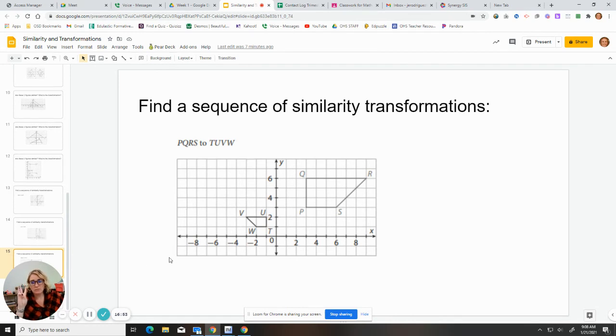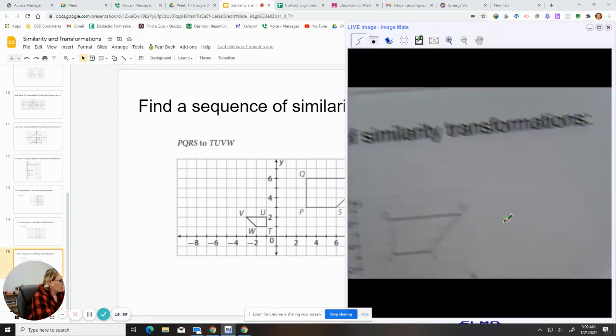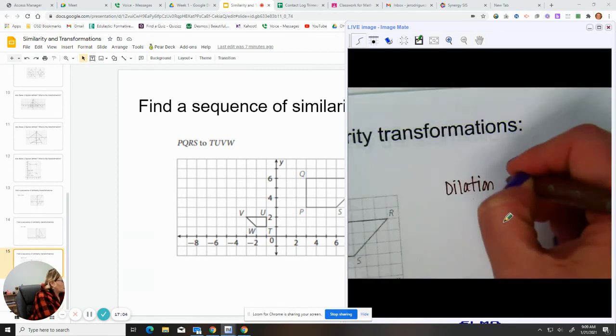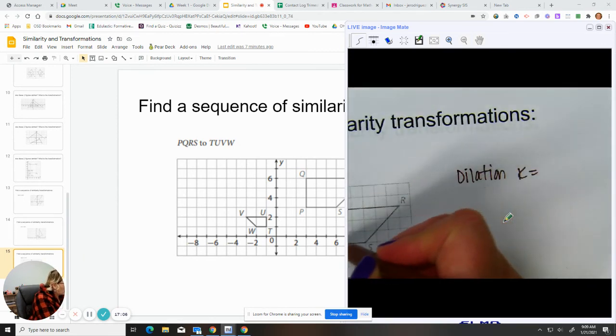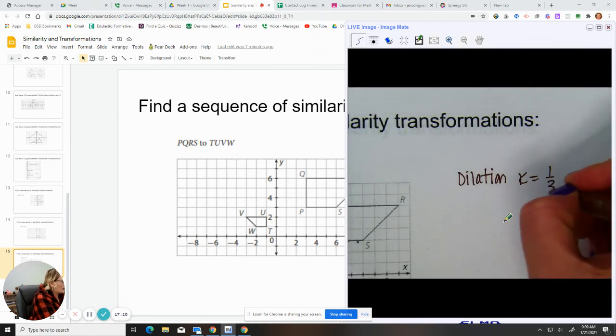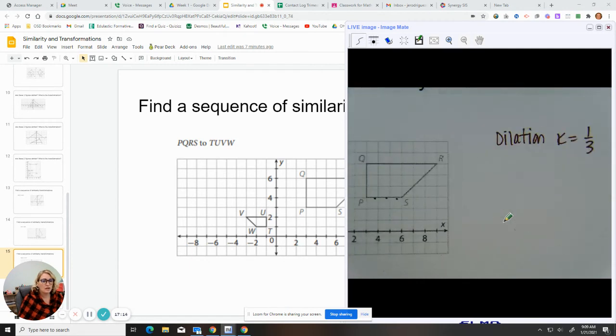There's actually 3 things that we're doing in this one. Okay. So let me pull this up. Let's do the simplest one first, which is the dilation. We are going from 3 to 1, which means we're dividing by 3, which means our dilation is K equals 1/3.